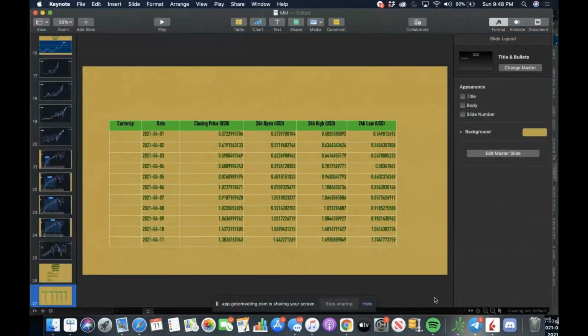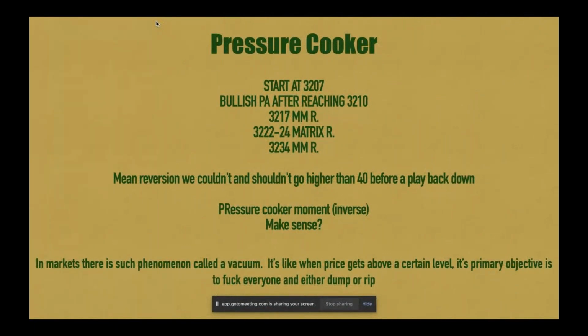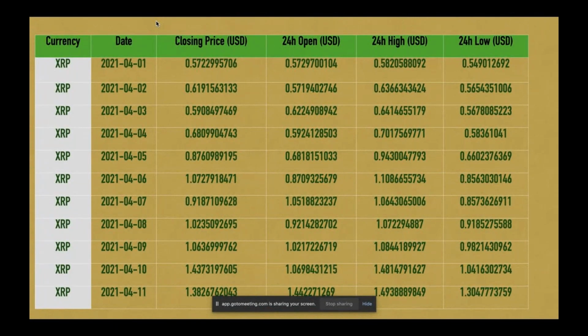Guys, this was XRP this past weekend. This is something I just watched all weekend. I wish I could have traded it. I probably should have. But I didn't. But all along, just following that price action, I would look and I would see 124.